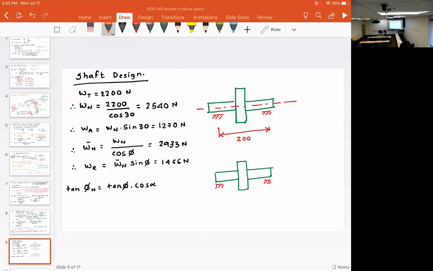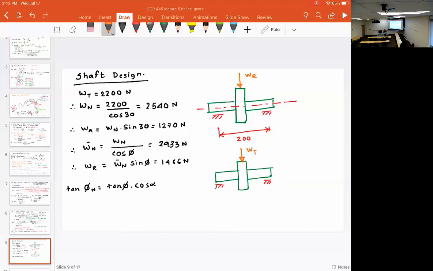So here, this is Wt. This is Wr. And one thing about Wa: you can assume Wa depending upon how that gear is configured.